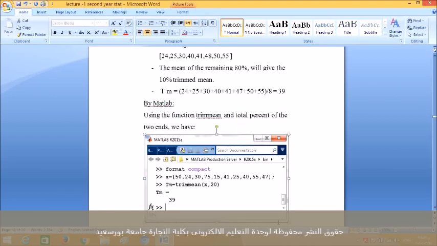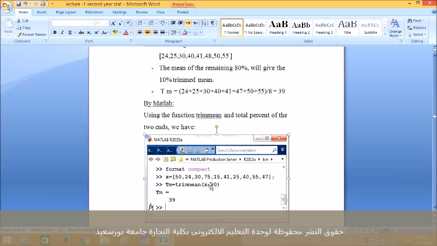By MATLAB, using the function trimmean and the total percent of the two ends, we have: put x equal to all the 10 observations, and write the command tm equals trimmean(x, 20). This is the function trimmean, and 20 here means omit 10% from the right side and another 10% from the left side.